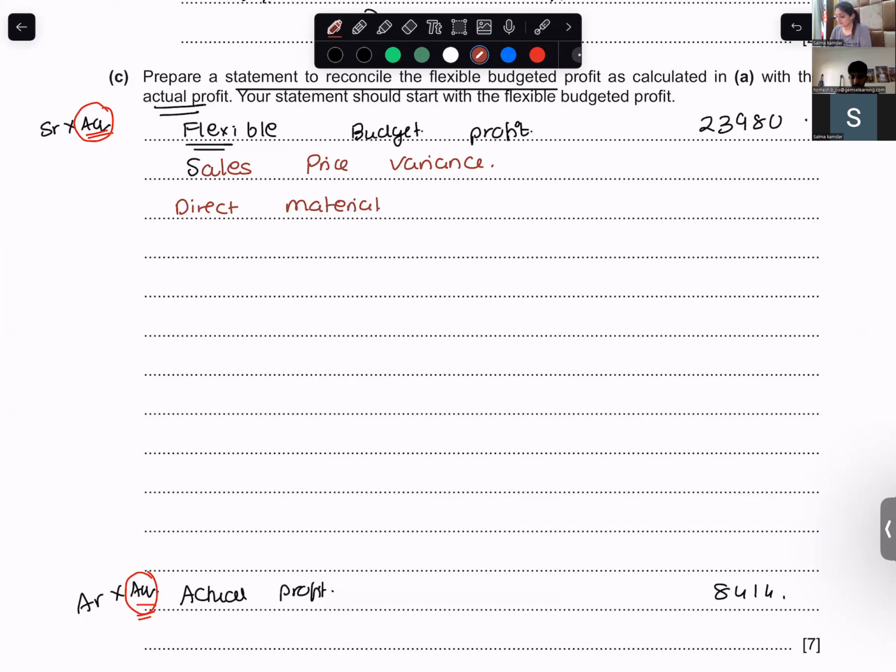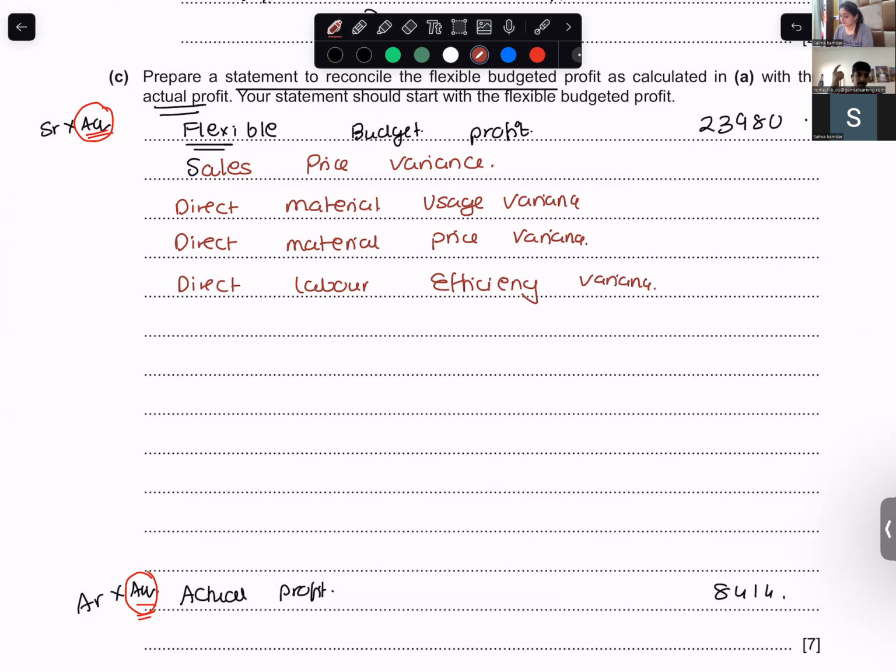Miss, so there's direct material, direct labor. Direct material usage variance, and then there's direct material price variance. Then there's direct labor efficiency variance, and direct labor rate variance.